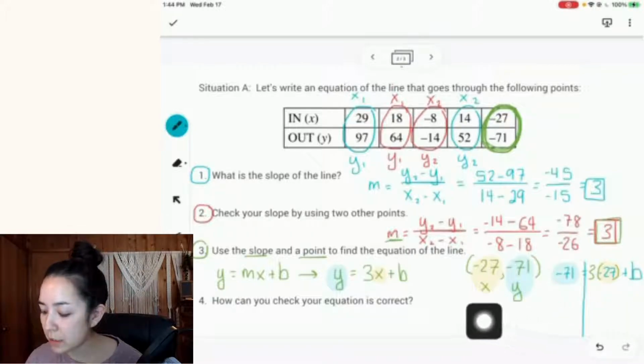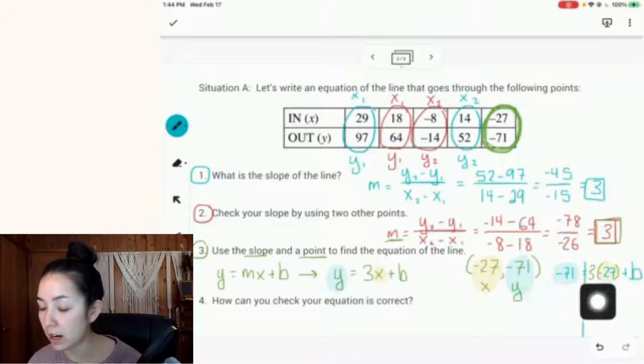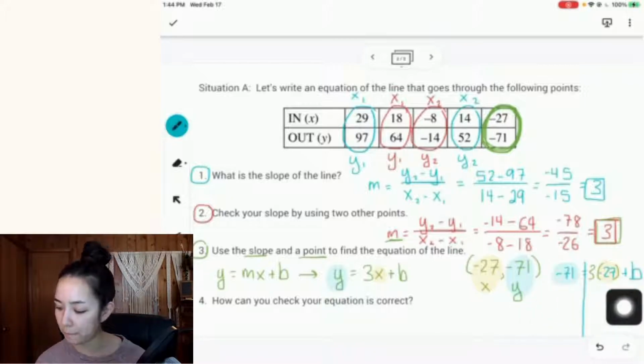So all we did was took a point from our table, and instead of x, we plugged in negative 27 for x, and then we plugged in negative 71 for y. So this is what our equation looks like now.